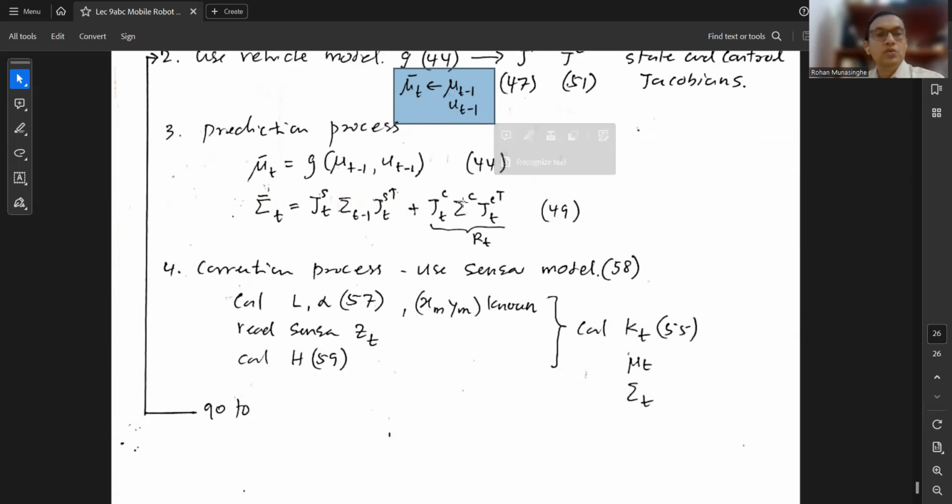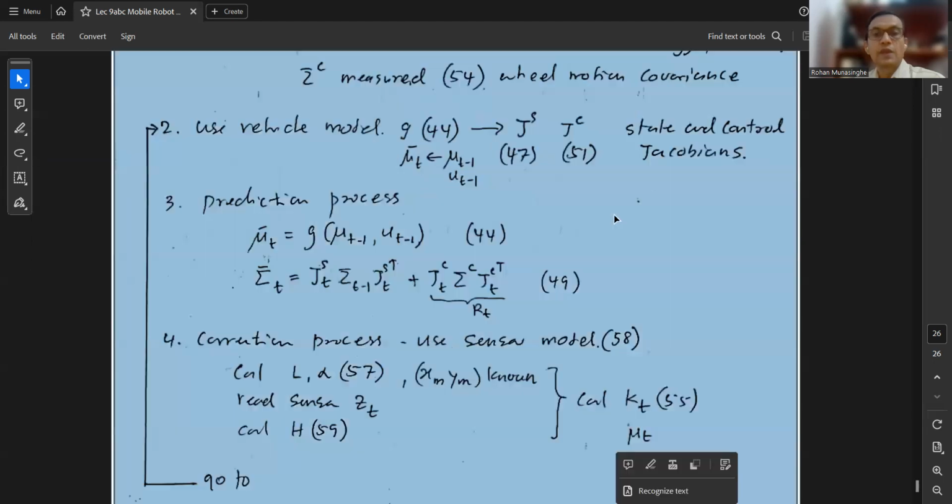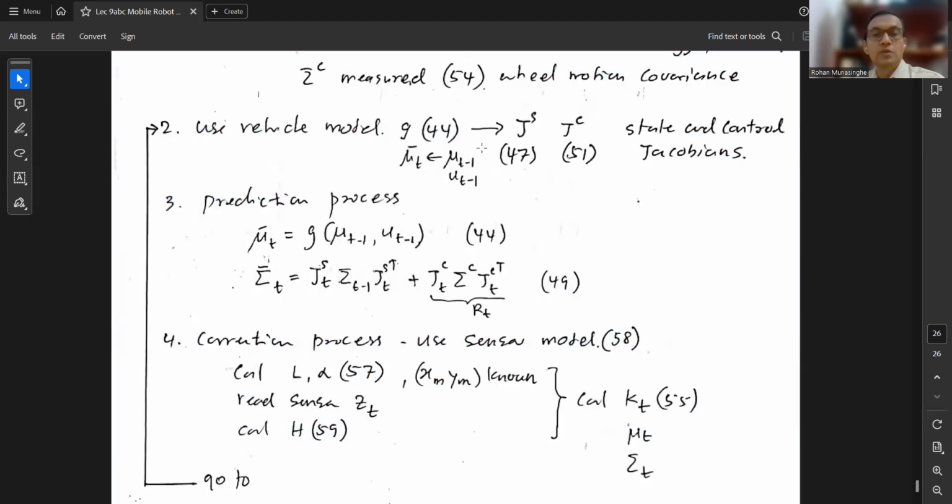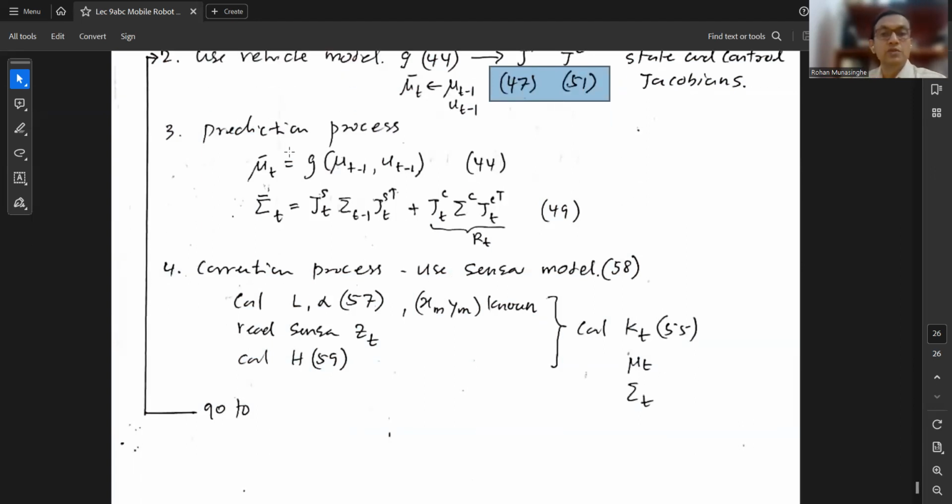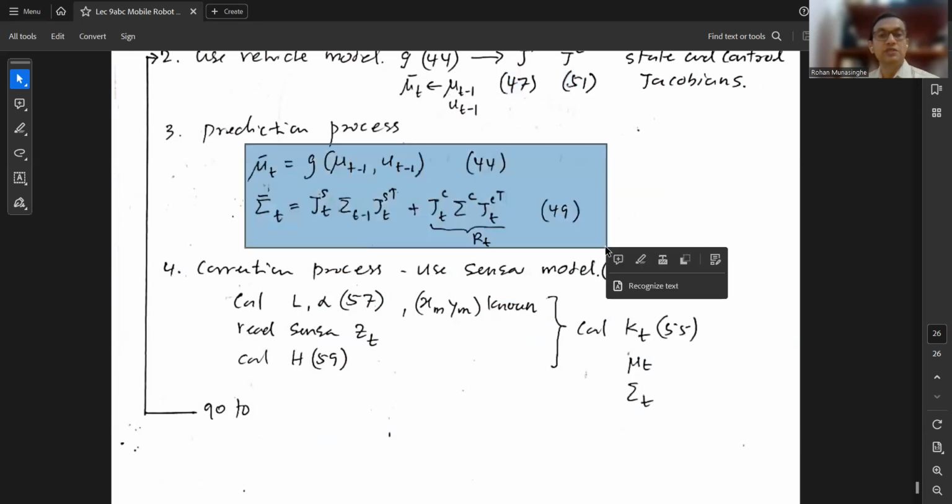And then, once you calculate the Jacobians using equations 47 and 51, you can do the prediction process using 44 and 49, these two equations.